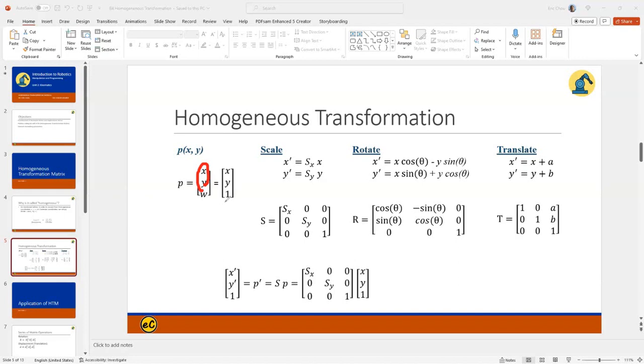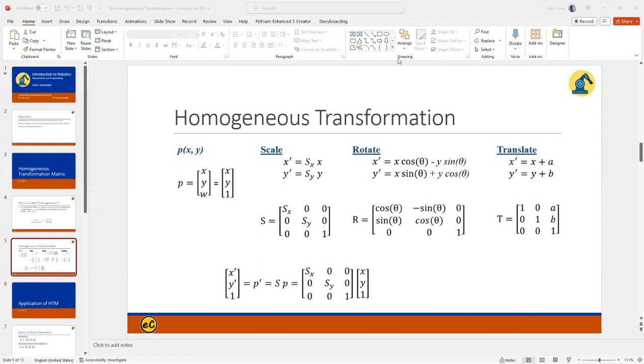Let's add another 1 to there, and later you will know why adding this 1 helps. This is purely a mathematical operation, a mathematical arrangement, nothing to do with physics. You add one more dimension with 1.